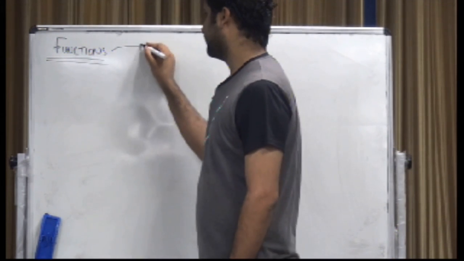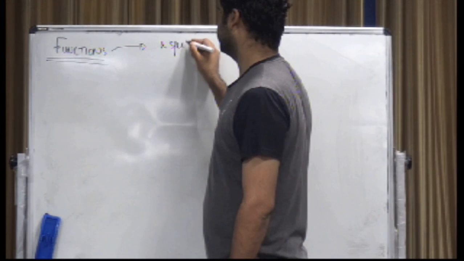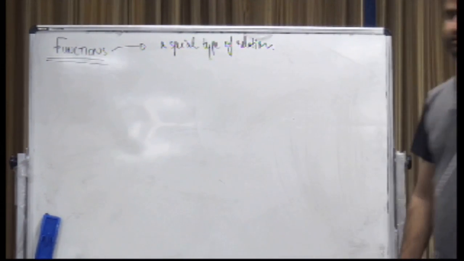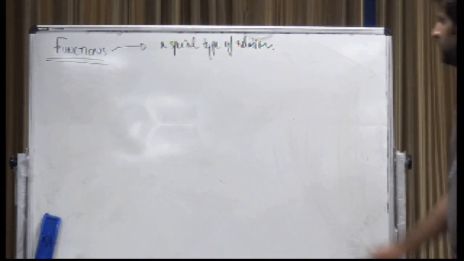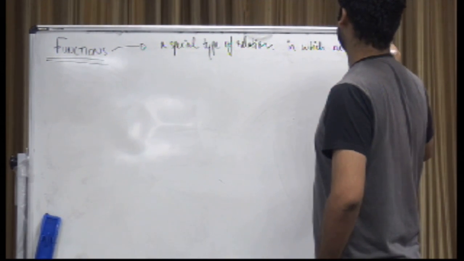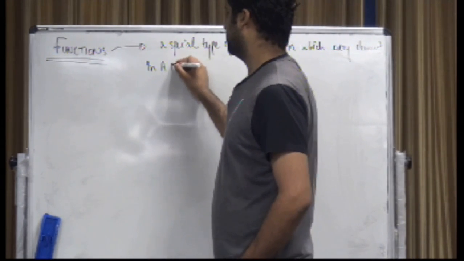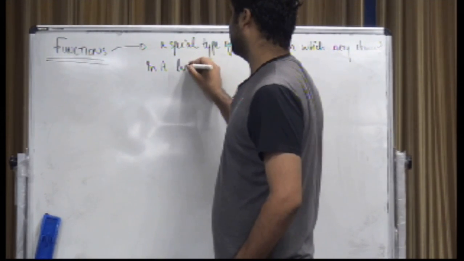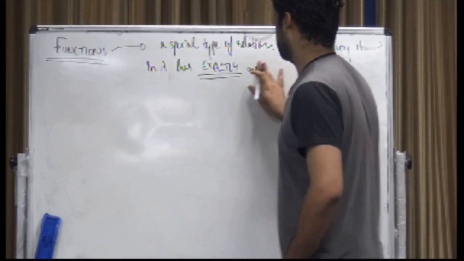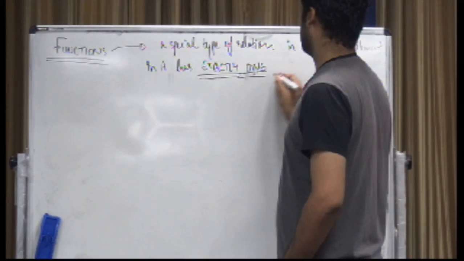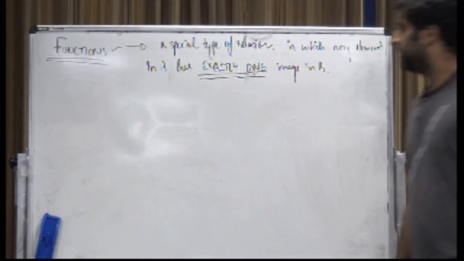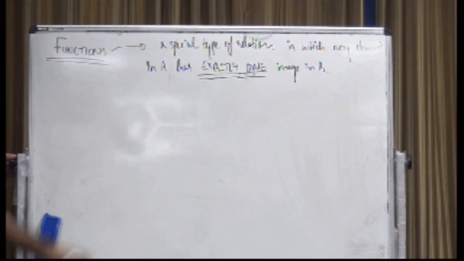So a function is a special type of relation in which every element in A has, exactly one image in B. So it is a special type of relation in which every element in A has exactly one image in B.